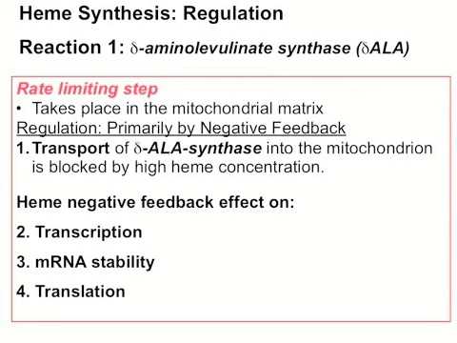Heme also has a negative effect on the transcription of delta ALA synthase, on the message's stability, and on its translation. Delta ALA synthase is a very short-lived protein and is rapidly degraded within 30 minutes of its synthesis. So unless there is continued transcription and translation, the concentrations of delta ALA synthase in the cell will decrease.